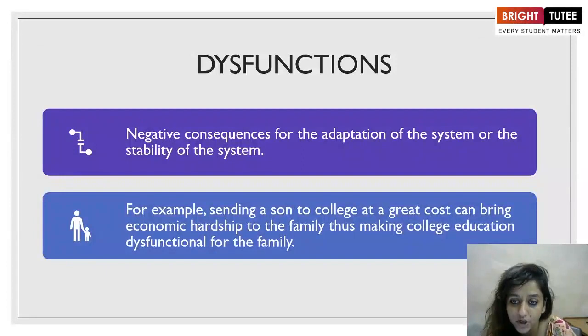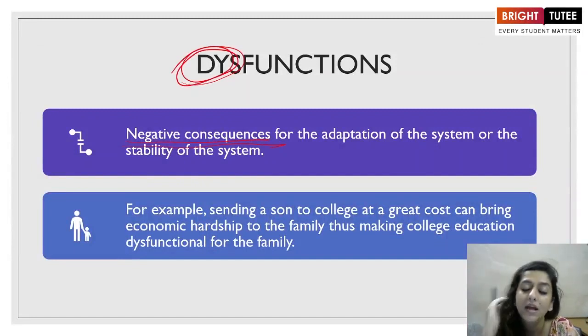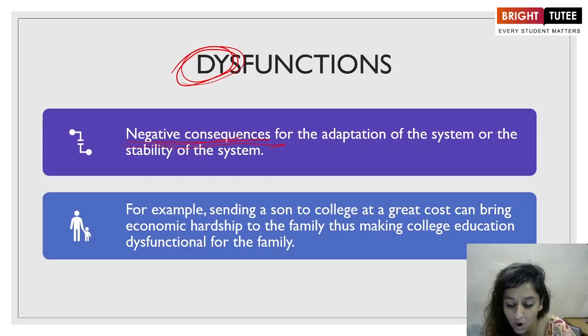Moving to dysfunction, it is the negative consequences. The word dysfunction clearly tells us about it. So it is the negative consequences for the adaptation or the stability of the system. For example, sending a son to school at a great cost can bring economic hardship to the family, thus making college education dysfunctional for the family.